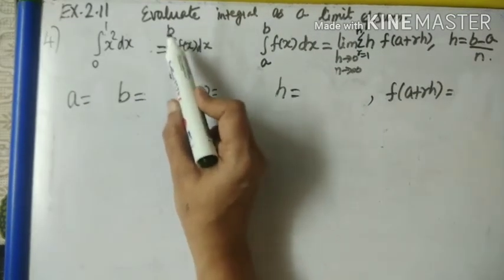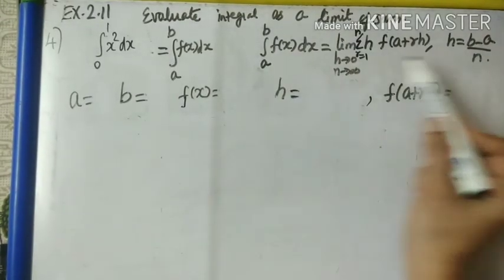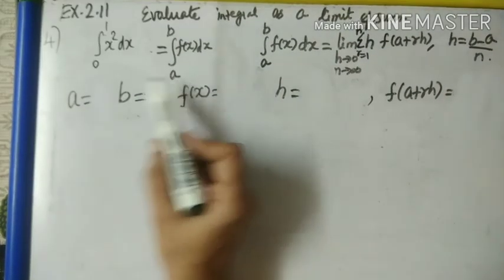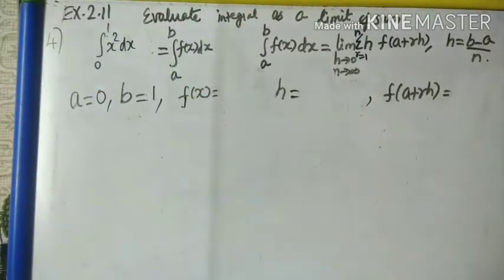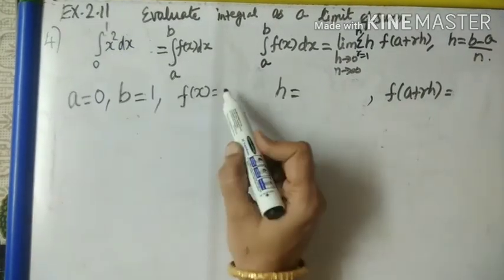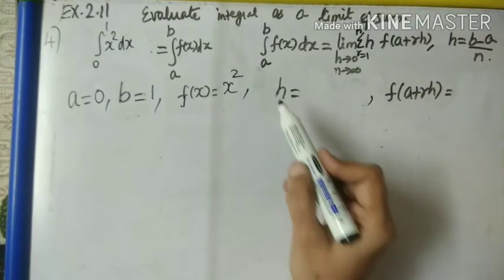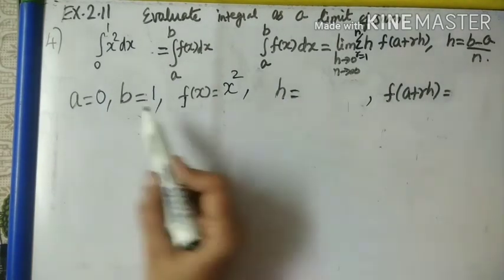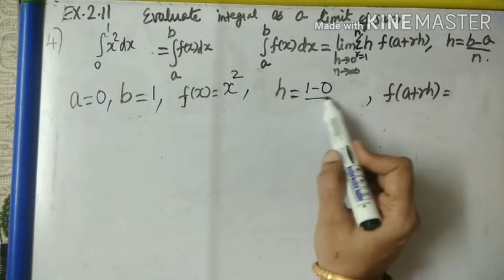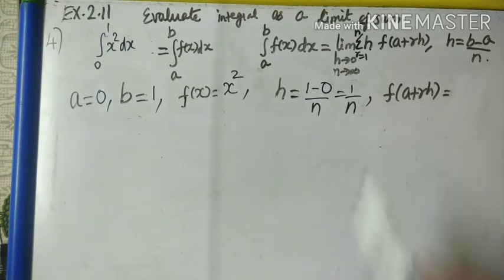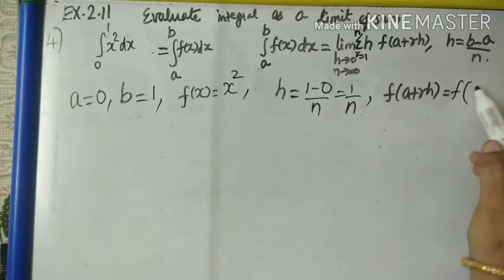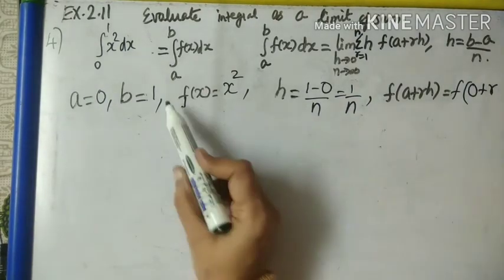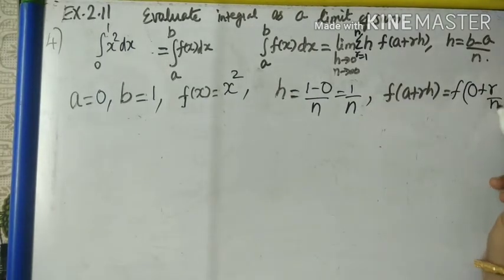Compare it with integral a to b f of x dx and recall this formula. a is the lower limit 0. b is the upper limit 1. f of x is the function given, that is x square. h is equal to b minus a by n, that is 1 minus 0 by n, which is nothing but 1 by n. f of a plus rh means f of a value 0, r into h value 1 by n. So r into 1 by n is r by n.